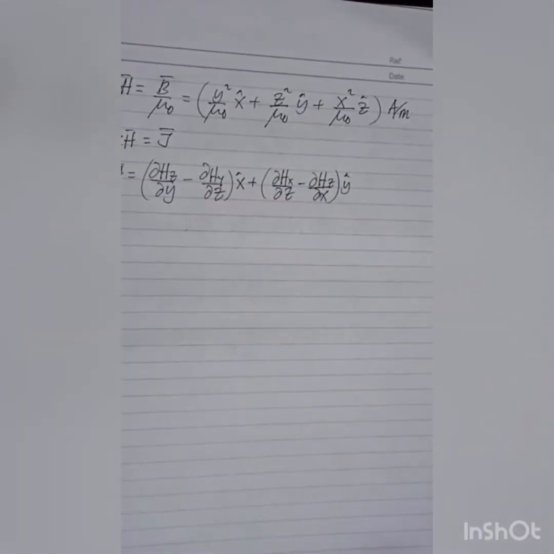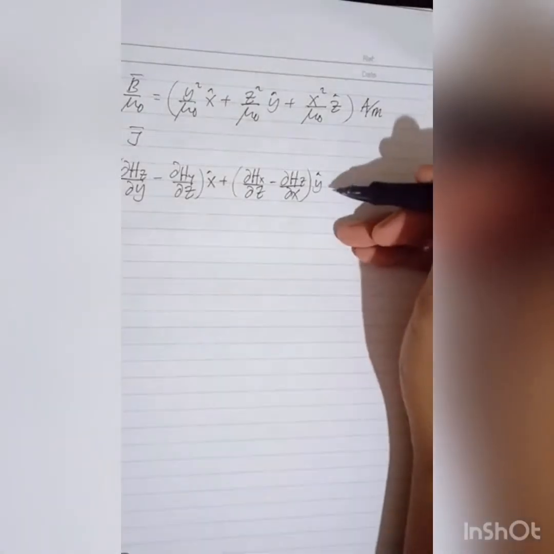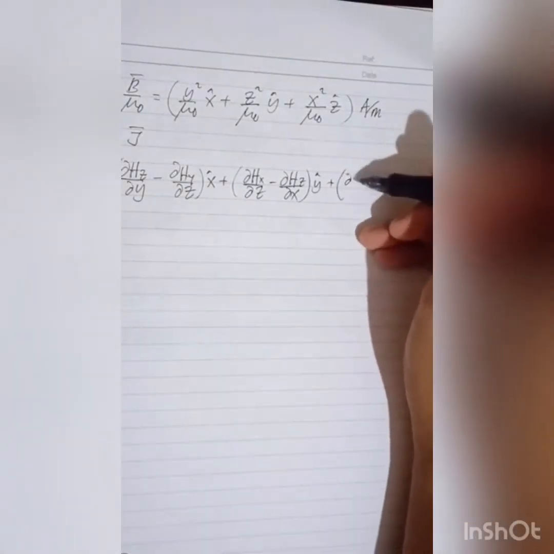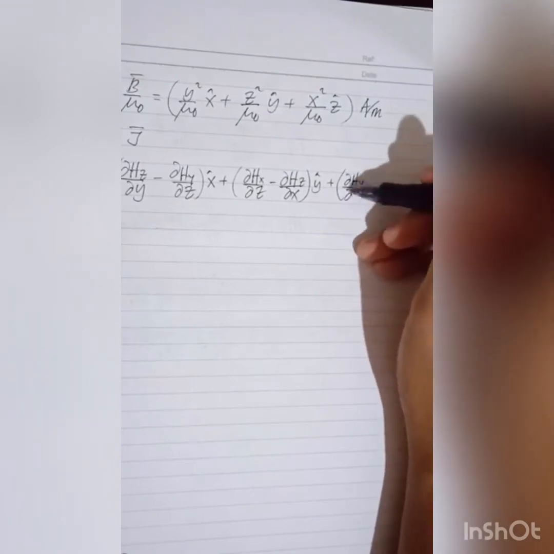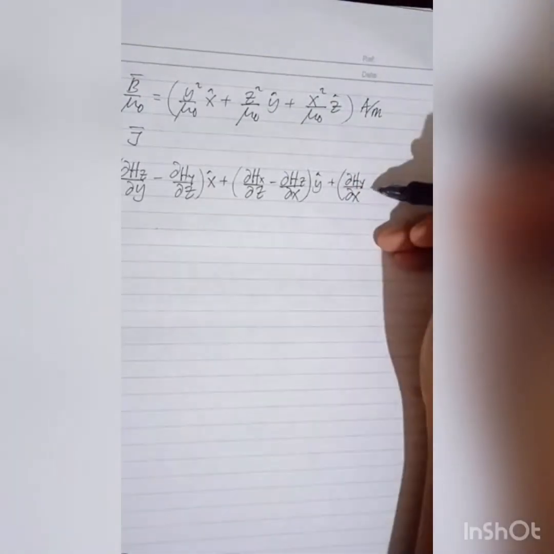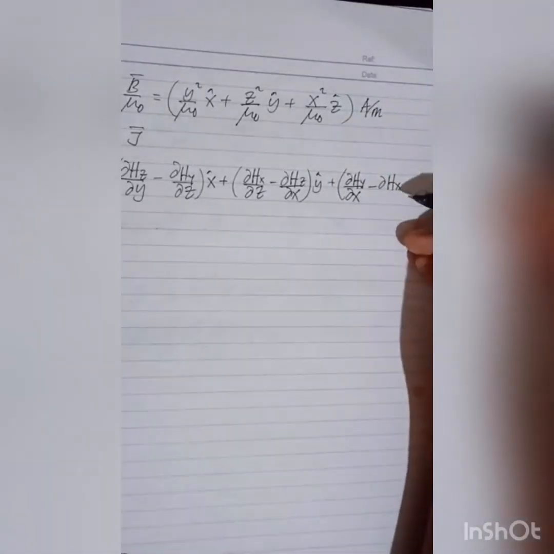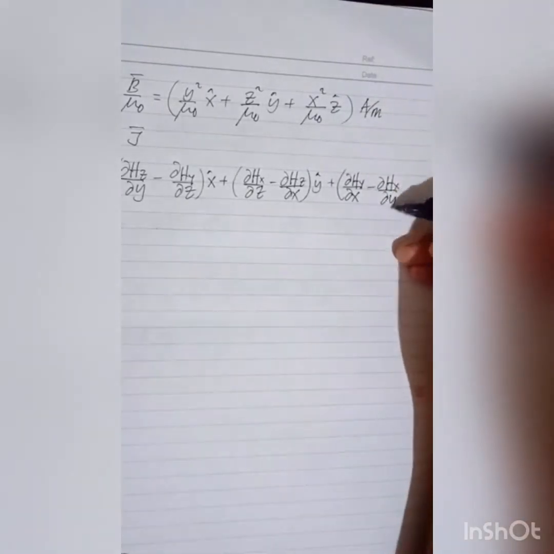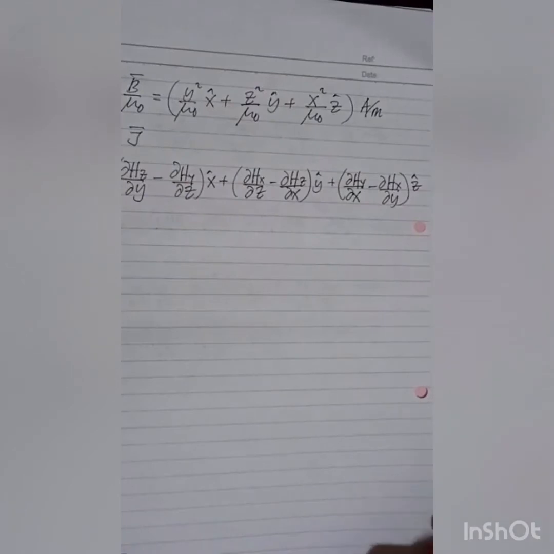And then the third one from your textbook, d Hy component over dx minus d Hx component over dy. The whole term belongs to the z direction.